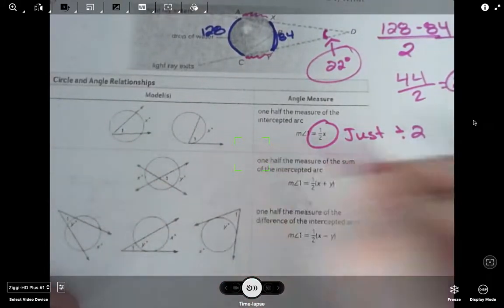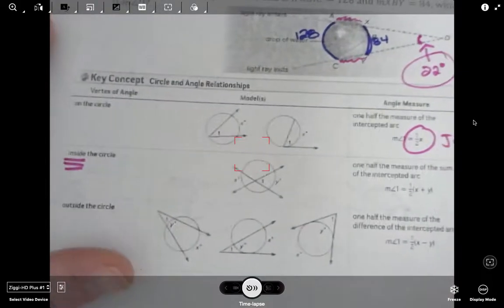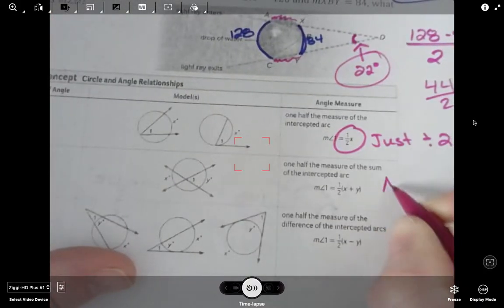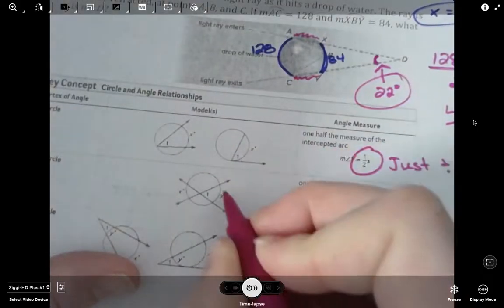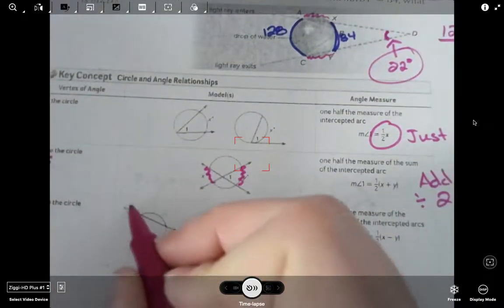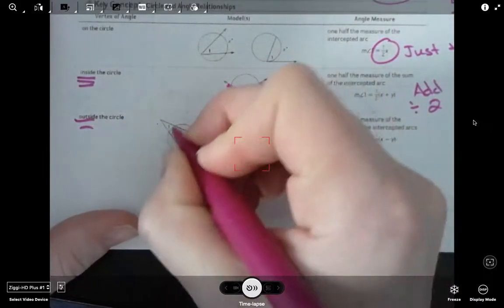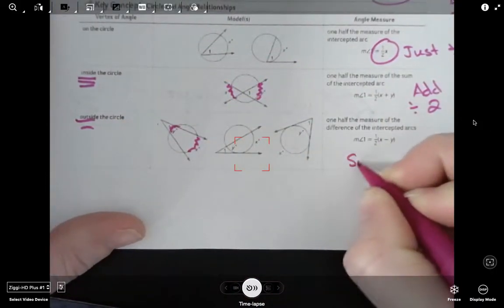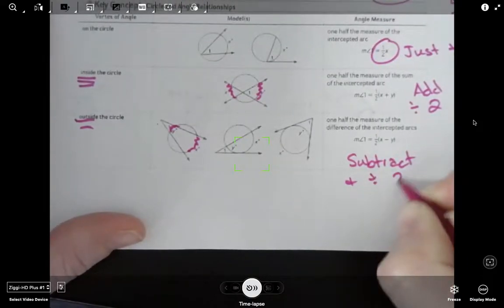If they are intersecting inside the circle, then you add these two arcs together and divide that by 2. And if they are intersecting outside the circle, kind of making a little cone thing, you subtract the two arcs and divide by 2.